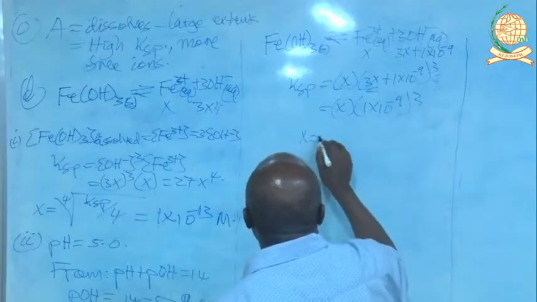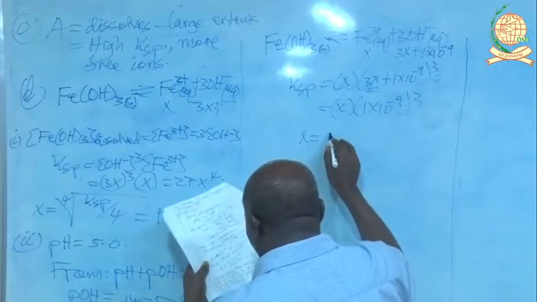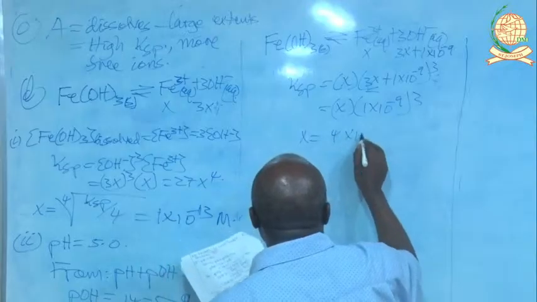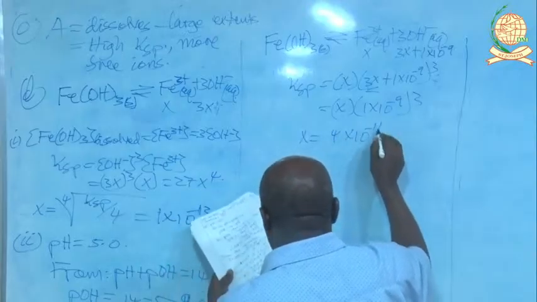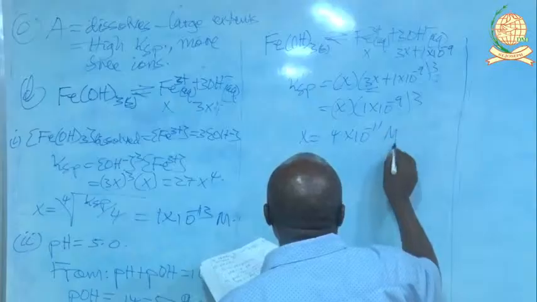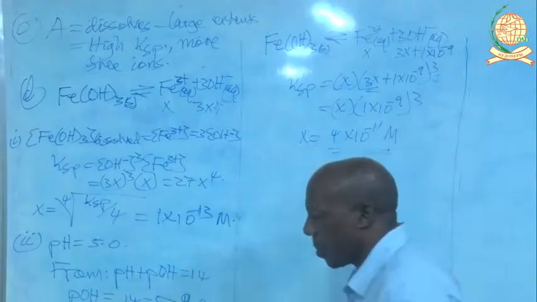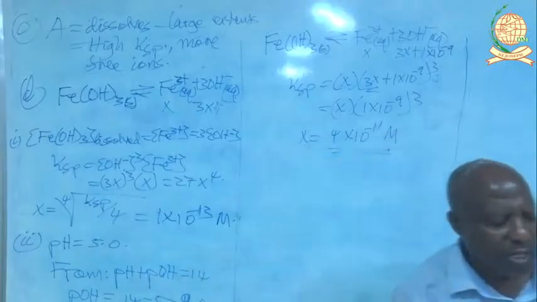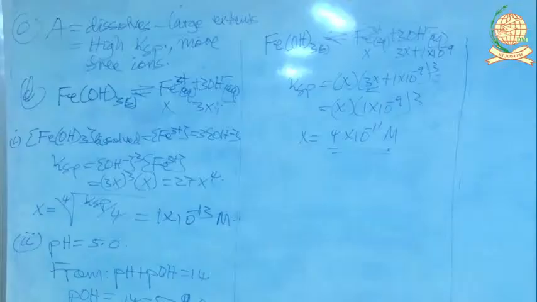Then finally x will be equal to 4 times 10 power negative 11 molar. So this is the solubility of iron 3 hydroxide in a buffered solution with the pH equal to 5.